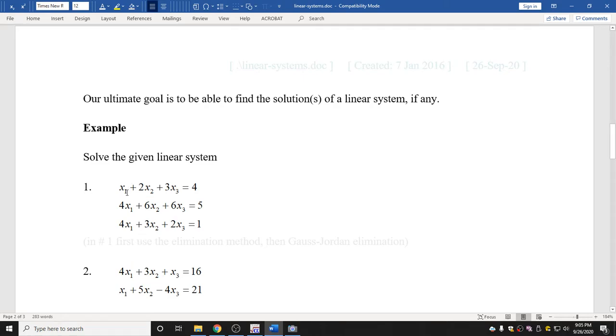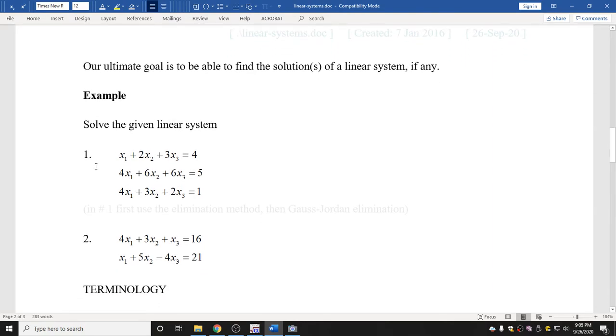So let's try it with this first example. Solve the given linear system. So in here, I have x1 plus 2x2 plus x3 equals 4.